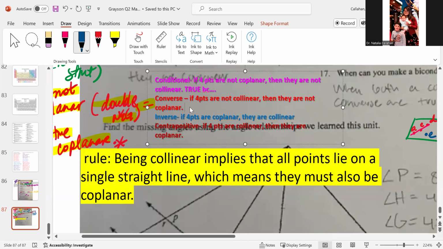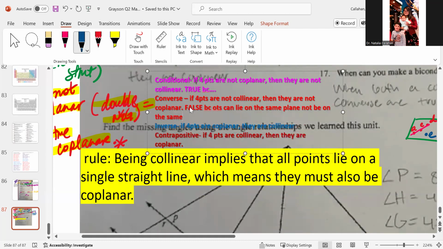So, false, because, well, there's a diagram right there. Because points can lie on the same plane and not be on the same line.